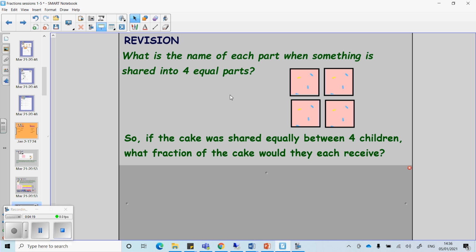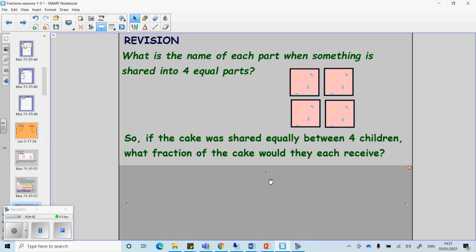We actually call these quarters. You might have heard somebody say 1/4, because it is a part. This would be 1 part out of 4 equal parts.